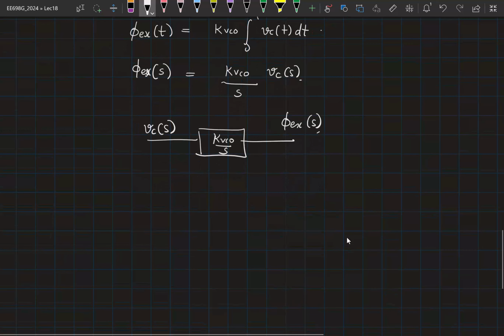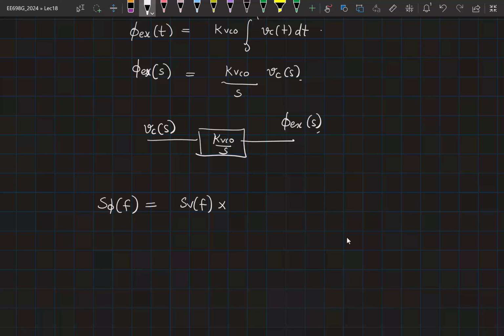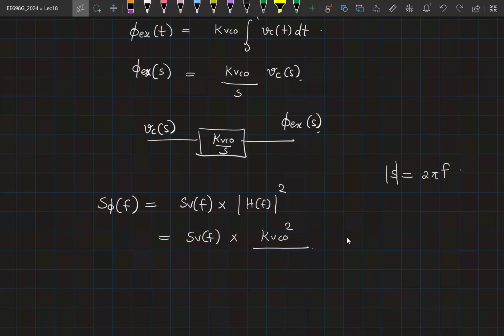Once you know this relationship, you can directly tell me what S phi of f is in terms of S_V of f. So this into the magnitude of the transfer function whole square, which is kVCO square divided by the magnitude of S squared. Magnitude of S will become 2 pi f, since it is j omega, so I take the magnitude.